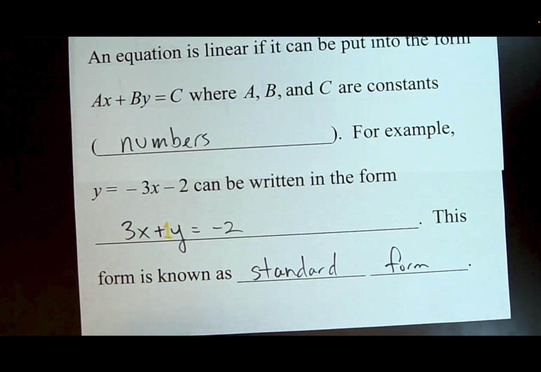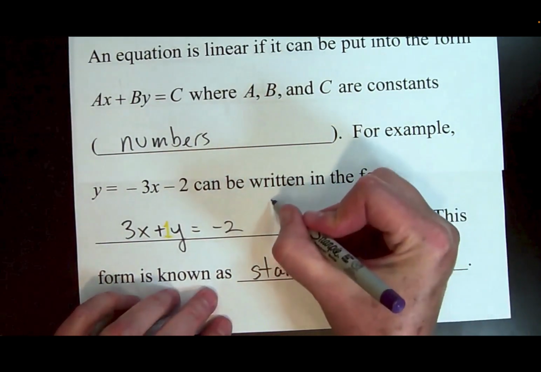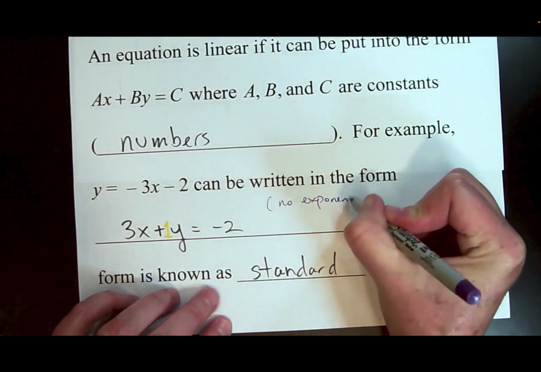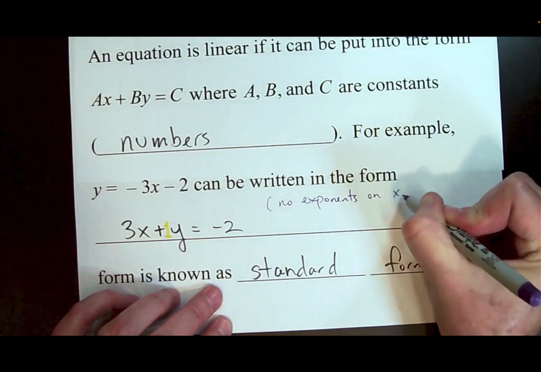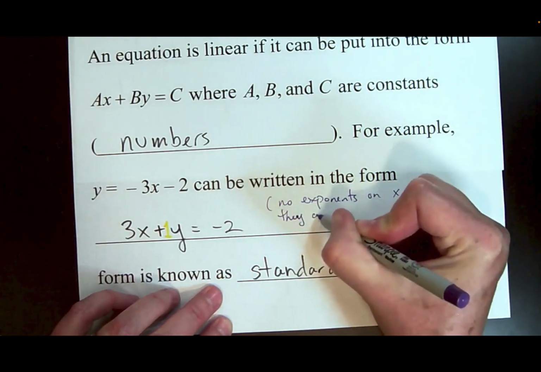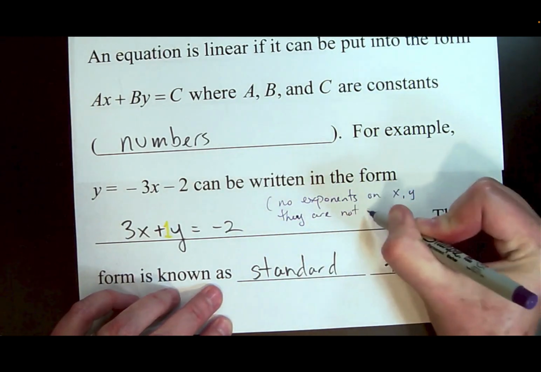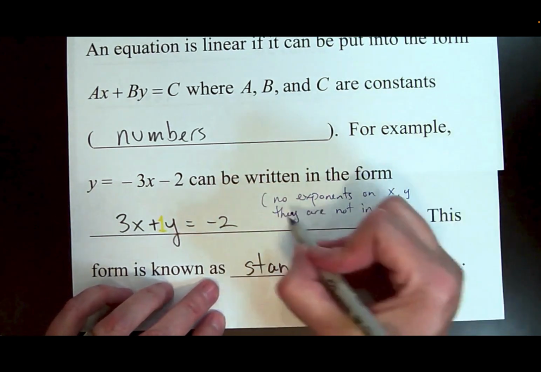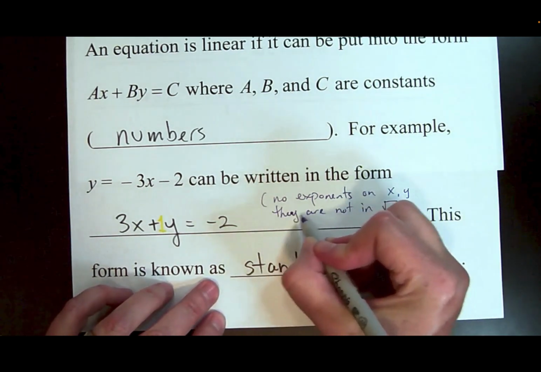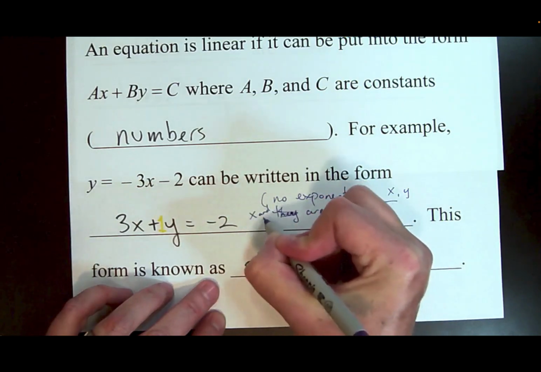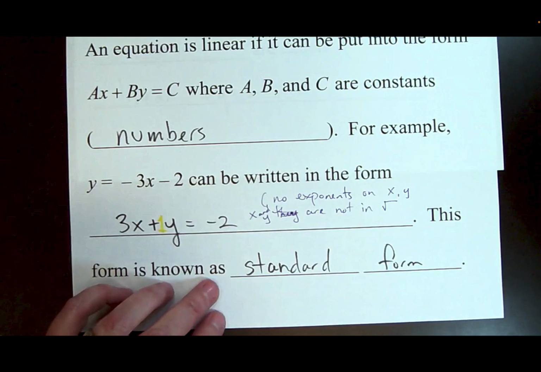And maybe we should make a note of that. So no exponents on the x and y. They are not inside any kind of radical like square roots. Also, when I say they, I mean x and y. Maybe I should write that, x and y, just to make it clear in your notes.